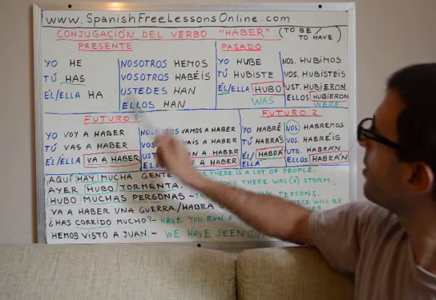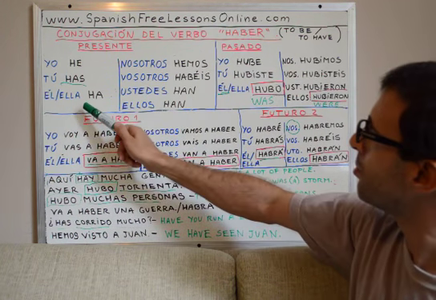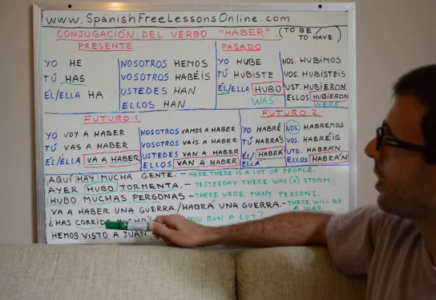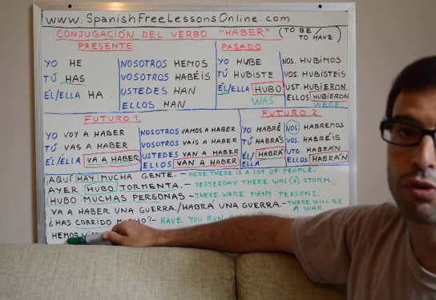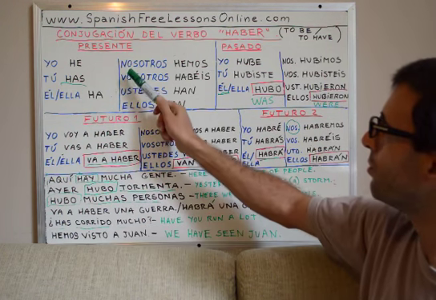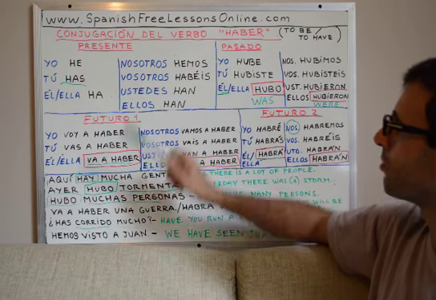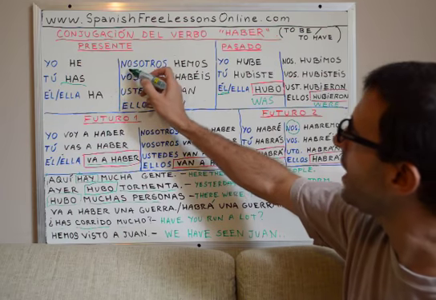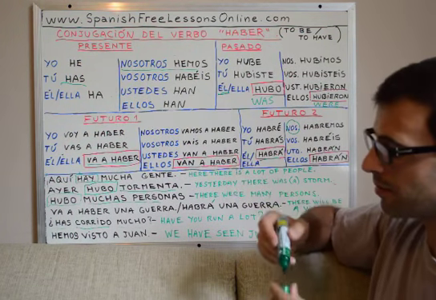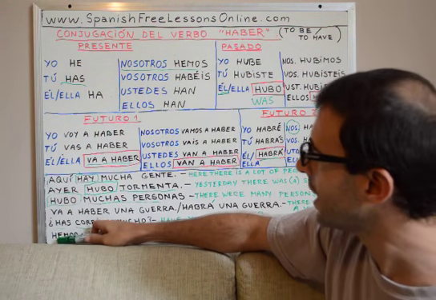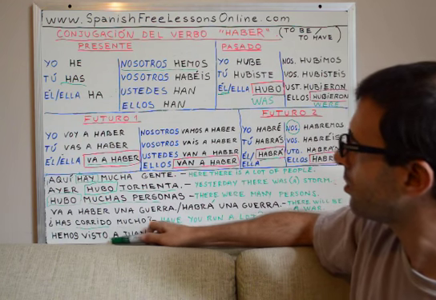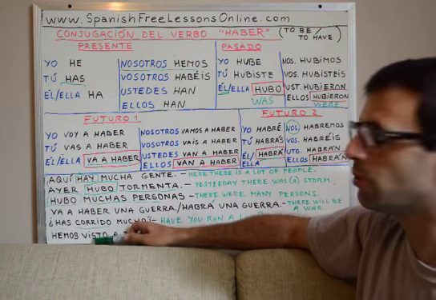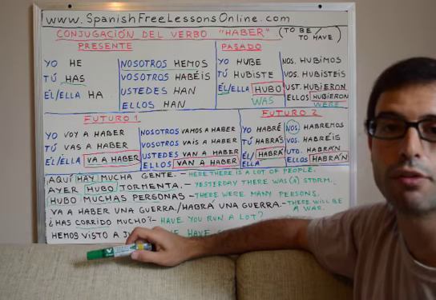So we are using the verb haber in present tense. So hemos is a conjugation for nosotros, for we. So nosotros hemos, we have. Nosotros hemos visto a Juan. Visto is a past participle for the verb ver.